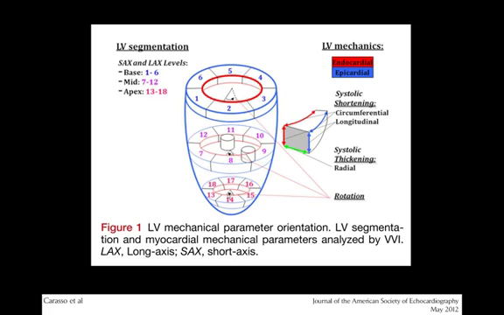That's basically what we call twist or torsion, and that can be measured in degrees very well, depending on the image. So obviously you would need a short axis at the base and then a short axis at the apex to get that measure.